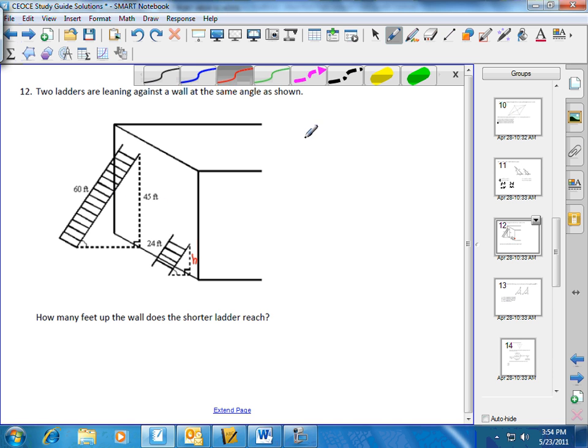So I'm going to set up a ratio, 60 over 24, which has to equal, this side corresponds with the unknown side, so that's 45 over H. So we cross multiply and divide, and we get what?